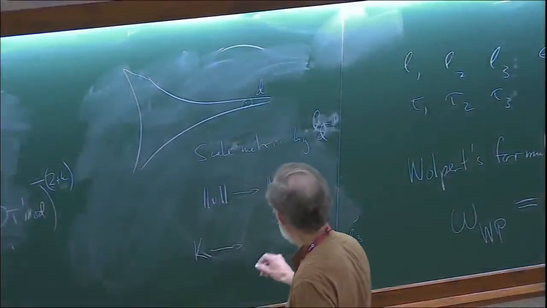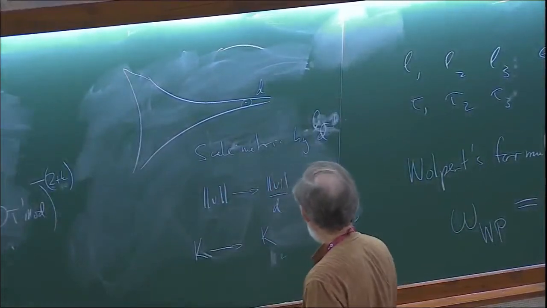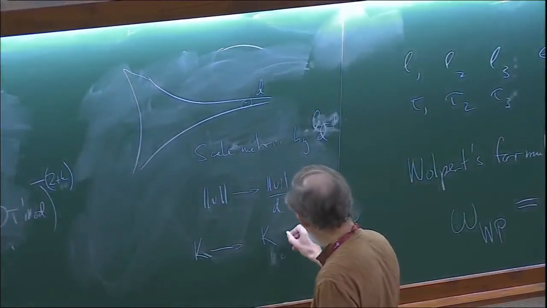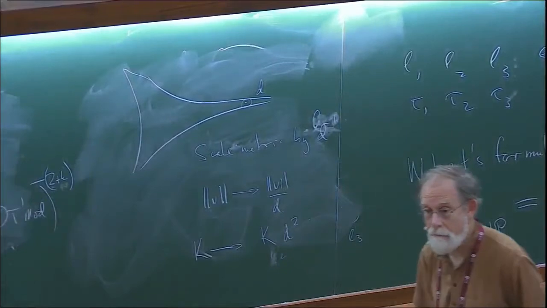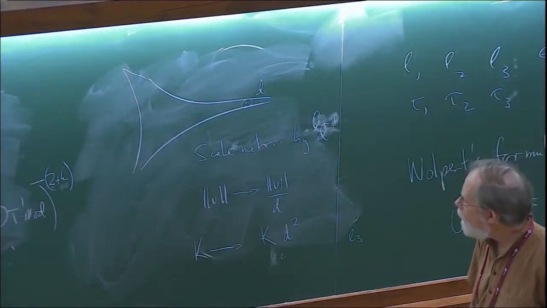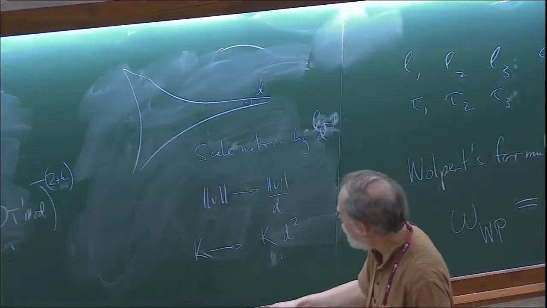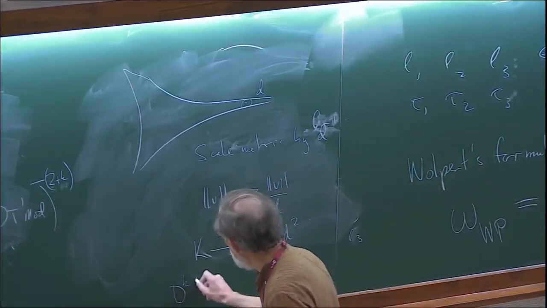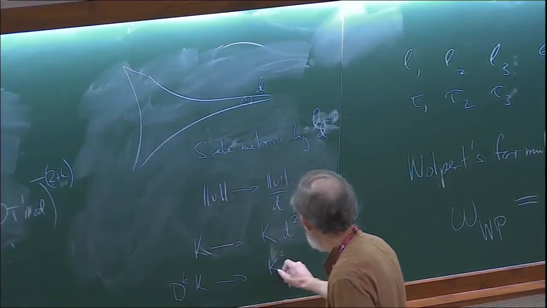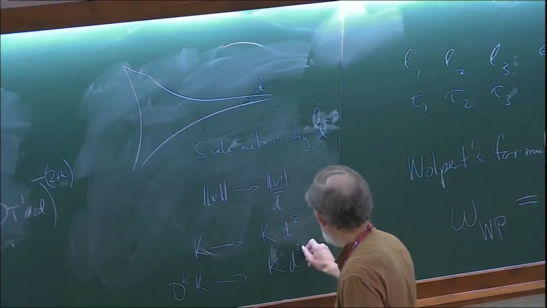And if you do that, sectional curvature goes to sectional curvature times d squared. And derivatives of the sectional curvature, if I have d to the little k times k, will go to k times d to the 2 plus k.